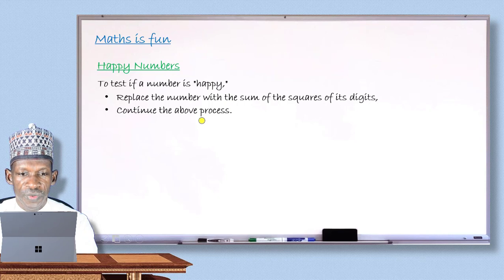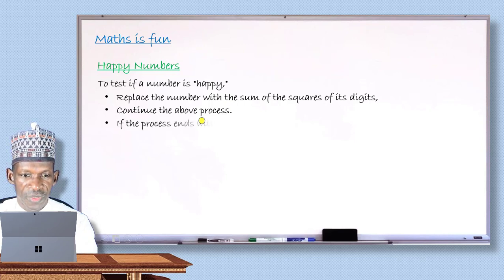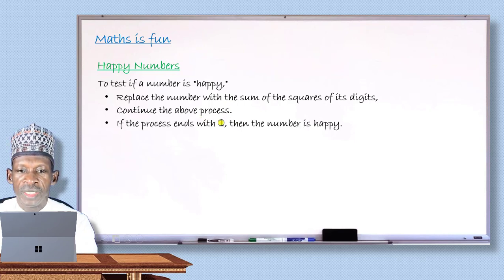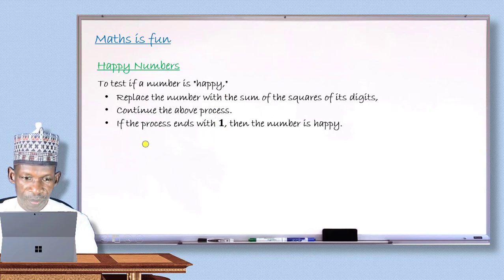If the number, continuing in this process, ends at 1, then that number is happy. Not all numbers are happy; there are just some numbers that are happy. Let's take examples of happy numbers.